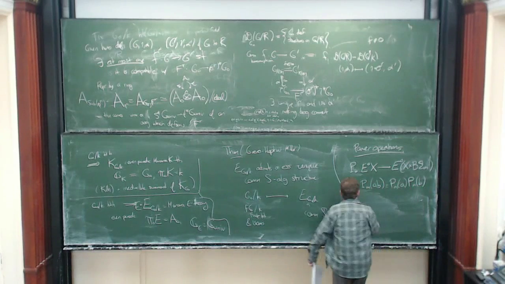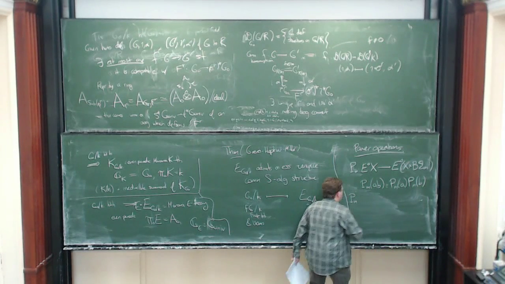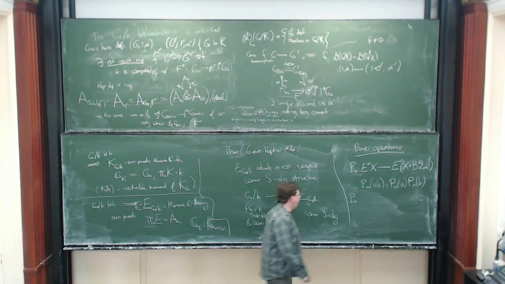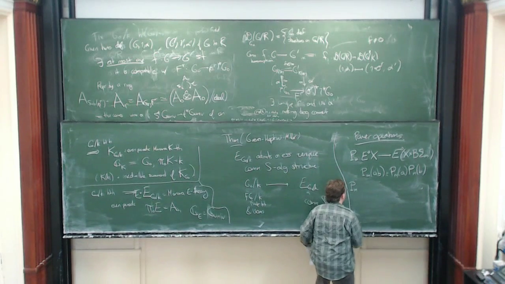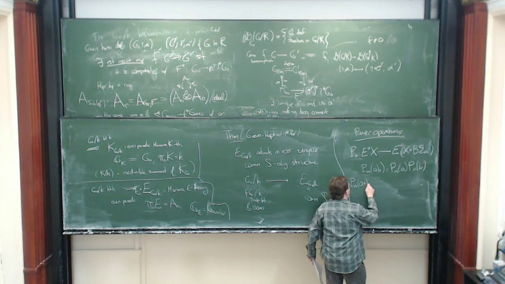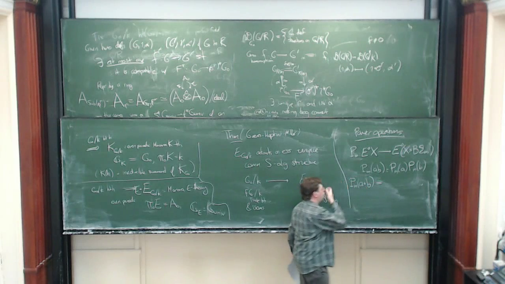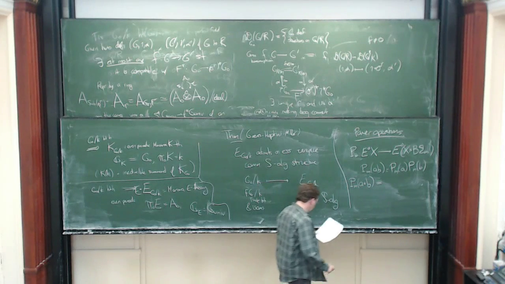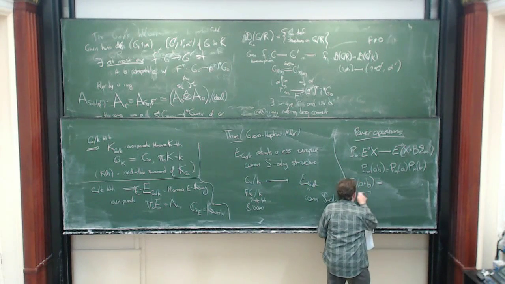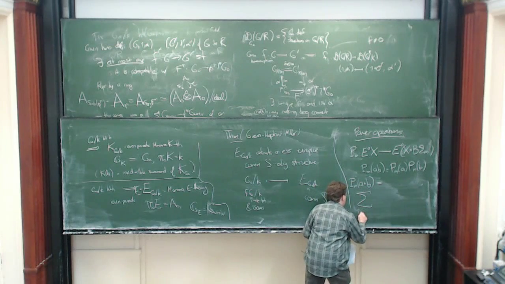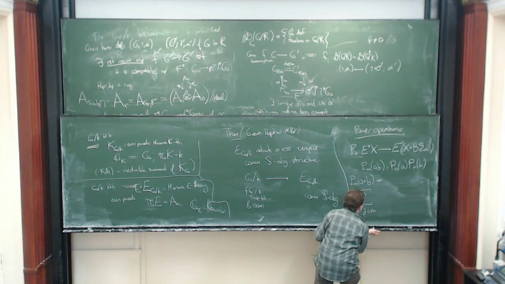But there's a precise understanding of how it fails to be additive. So here's the formula that's the replacement for additivity. If I apply this operation to a sum, what is this? Well, it's a sum over i plus j equals m. Okay, people see. All right.